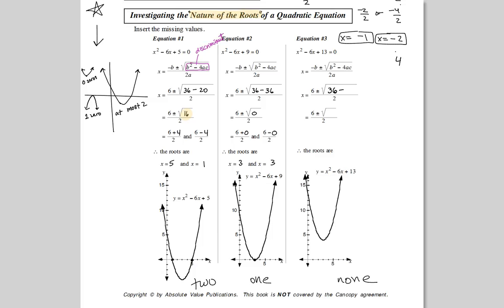What's 4 times 13? 52. 36 minus 52, just help me. 16. Negative 16. So you can't take a square root of a negative in the real numbers. No real solution here. So the roots don't exist.